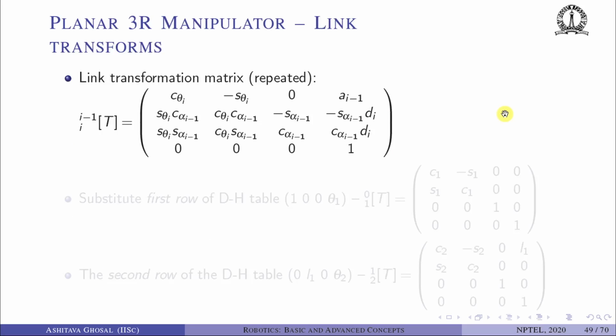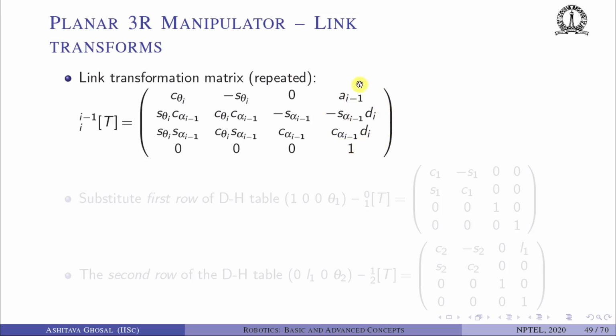Once we have all these DH parameters, we can go back and substitute in the link transformation matrix. So this is what was equation 10. The general form of a link transformation matrix of link i with respect to i minus 1 is given by c theta_i, minus s theta_i, 0, and then a_{i-1}, then minus s alpha_{i-1} d_i, c alpha_{i-1} d_i.